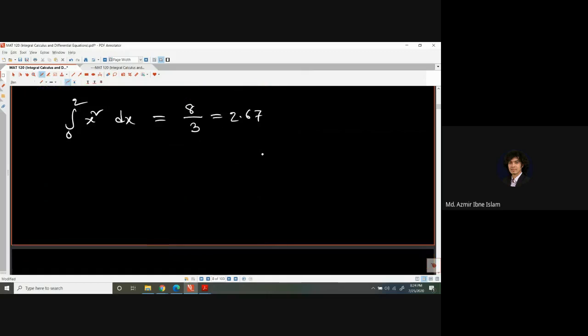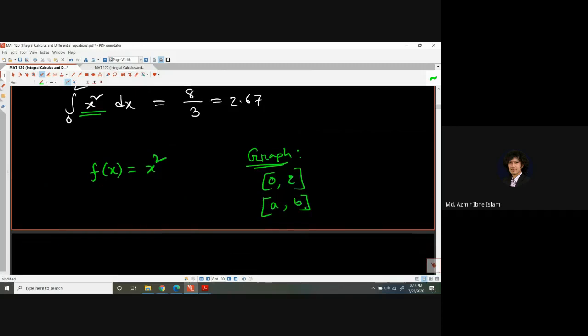Let's draw the function x squared. The function that we have here is f(x) equal to x squared. What we have to do is draw the graph of this function from x equal to 0 to 2, that means x equal to a to x equal to b.